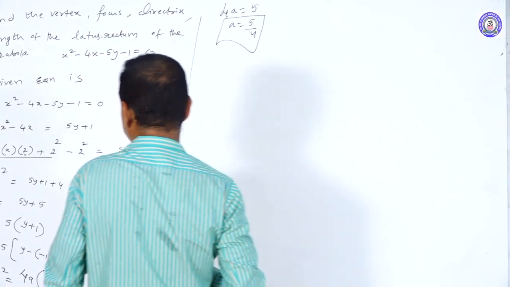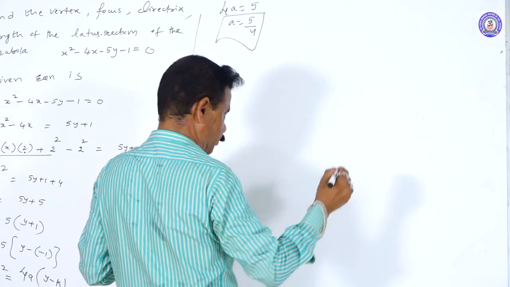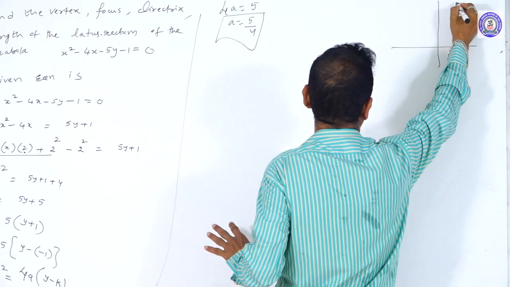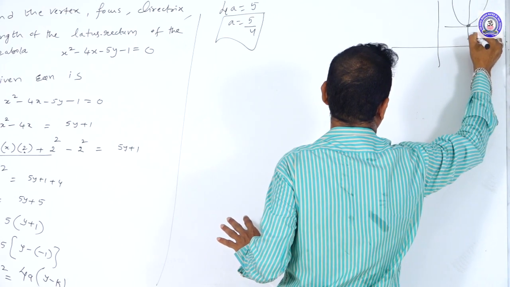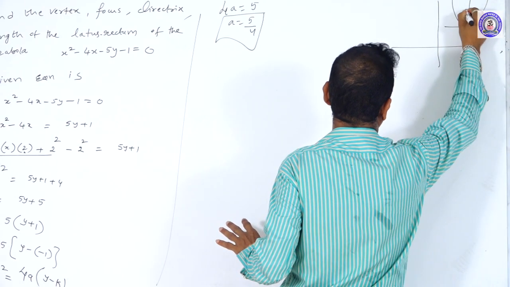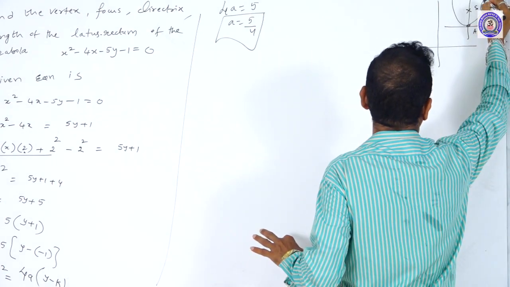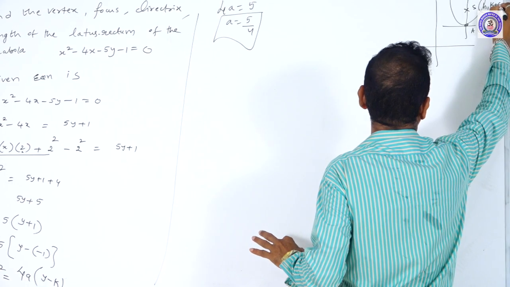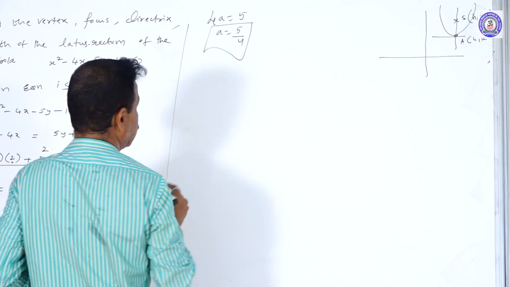So for this, the parabola lies upside, like this. This is the vertex A (h, k). So upside means the focus is (h, k plus a).